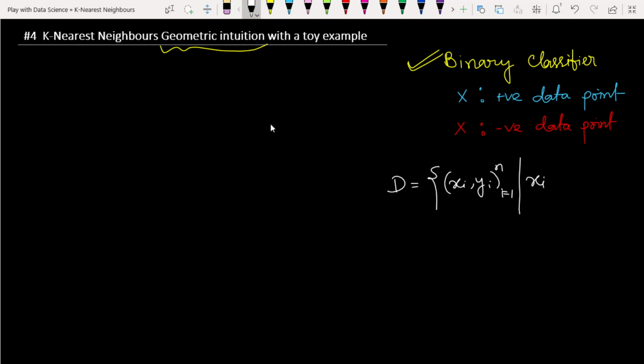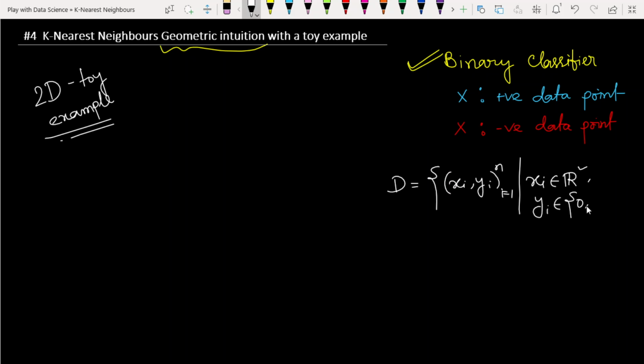I am using a 2D toy example here, so our xi feature vector lies in 2D space, and our yi is 0 or 1.